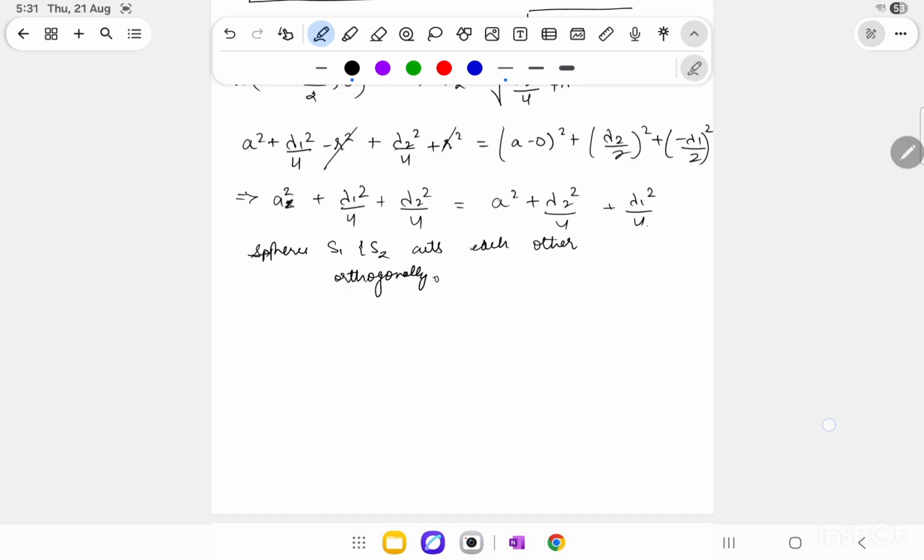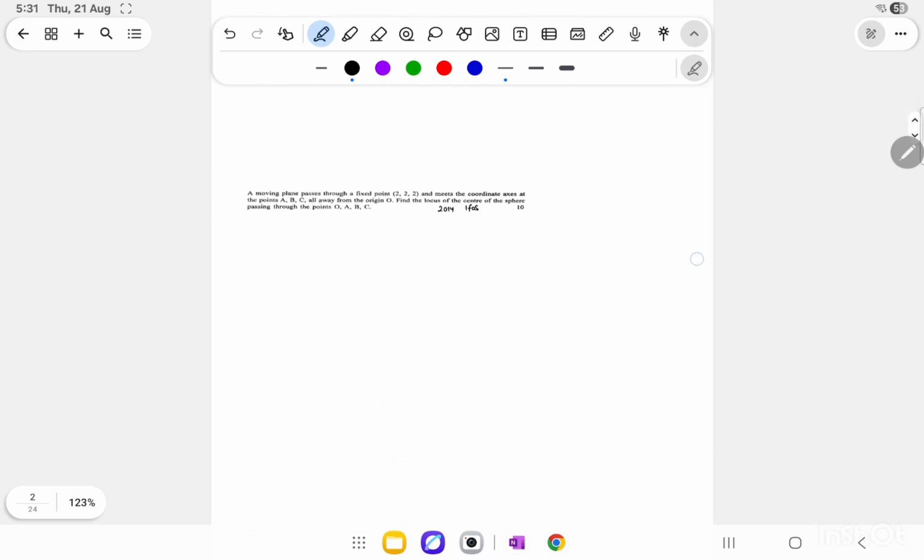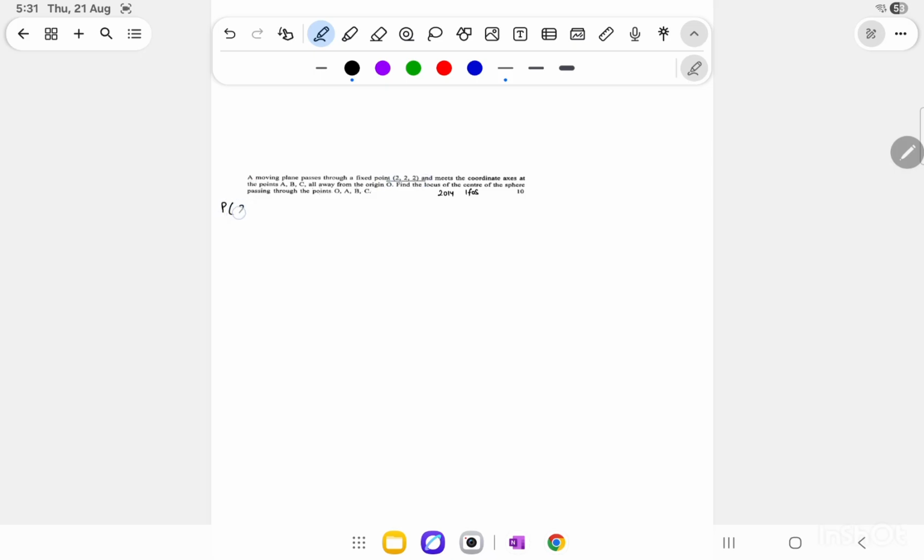So let's move on to next question. So the next question says that a moving plane passes via a fixed point. So let's say P be my fixed point 2, 2, 2, and my moving plane be, let plane be x by a plus y by b plus z by c equals to 1.